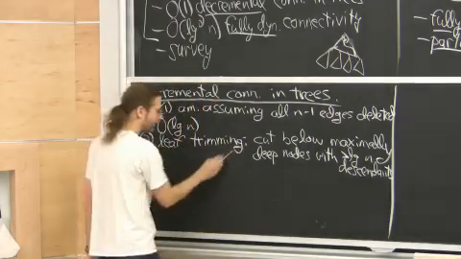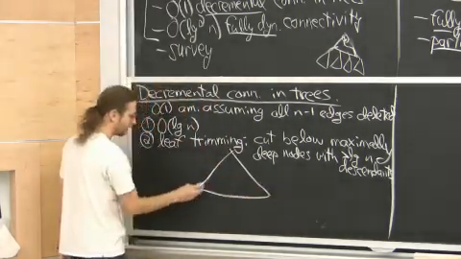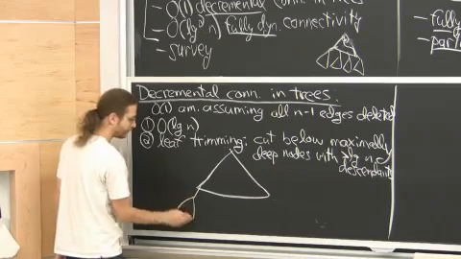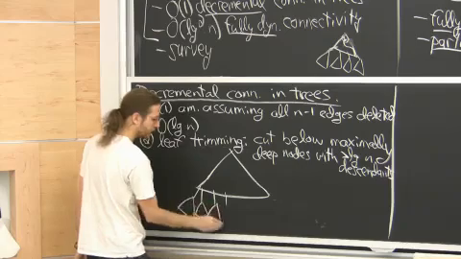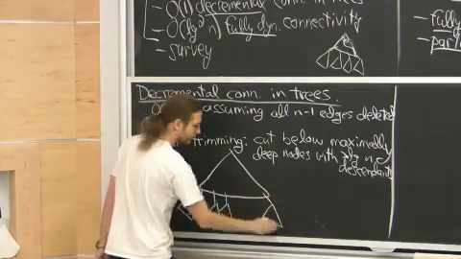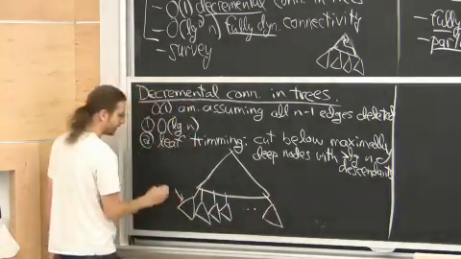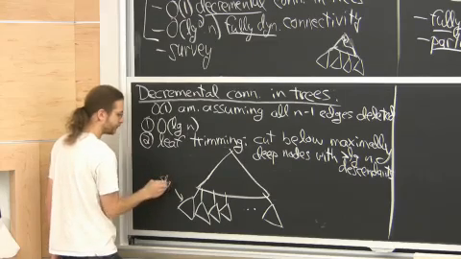So we have our top tree, and then hanging off some nodes here, we're going to have some bottom trees. These each have at most log n nodes.